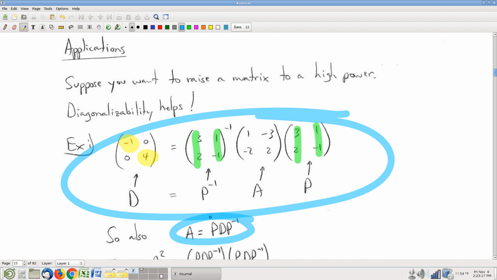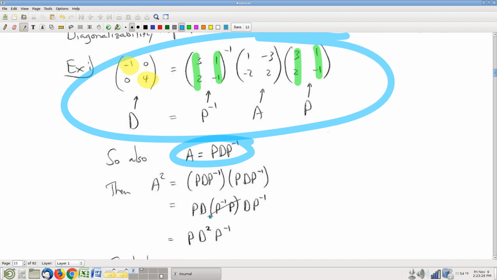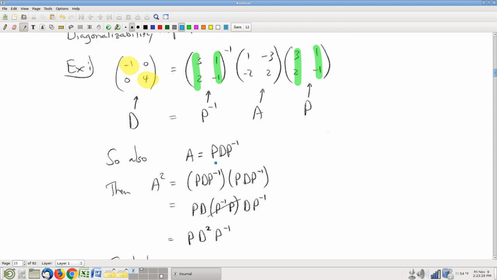If D is a conjugate of A, then A is this sort of other conjugate of D. And that means that when I want to, for example, square A, I want to take this A and multiply it by itself. Notice that we end up with a P inverse right next to a P, and those cancel. And all I end up with is just a D next to a D, namely a D squared.